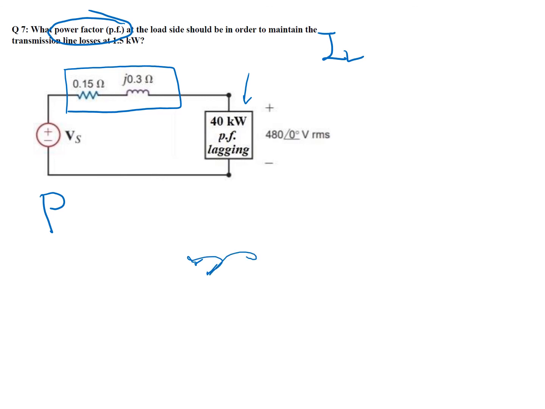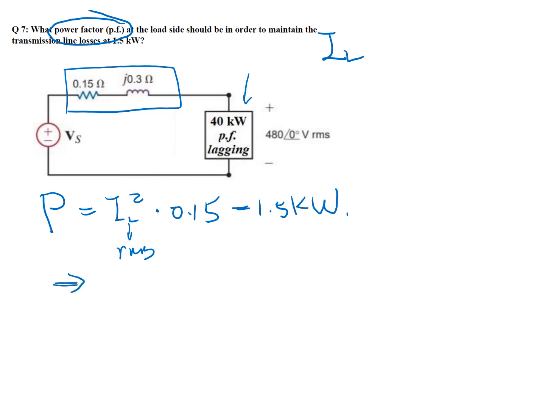We want the power loss to be 1.5 kilowatts. That is IL squared times 0.15. And this is the root mean square value, so we don't have 1/2. And this is equal to 1.5 kilowatt.